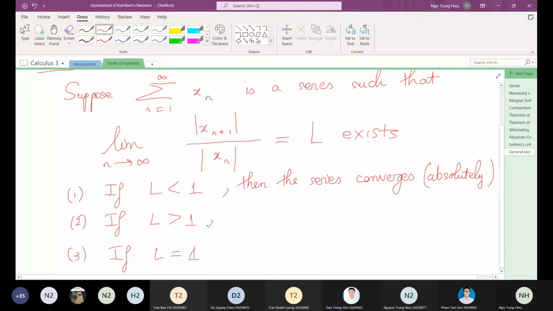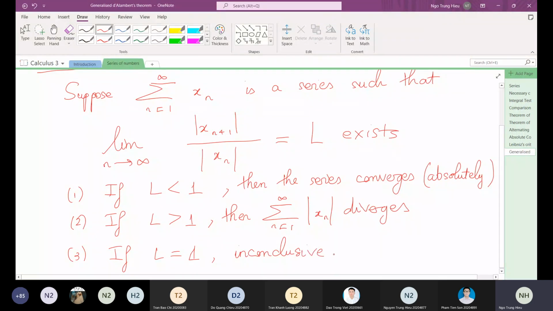Diverse. Right, we say that it diverges, right? But here we can only say that the absolute series diverge. Right? And in the case L is equal to 1, then we cannot say anything.